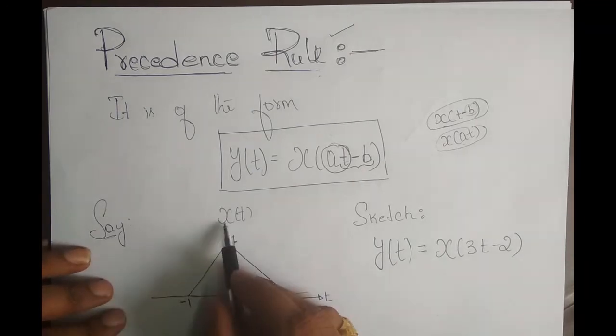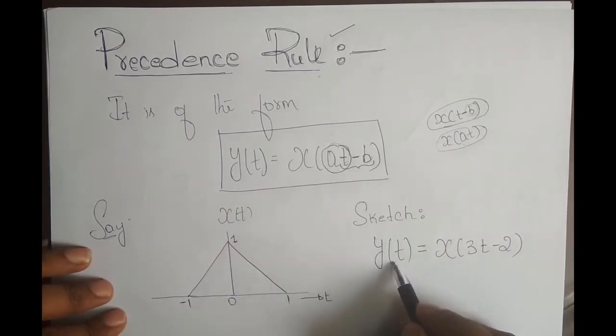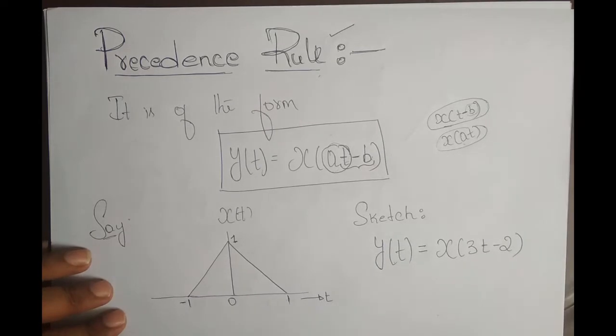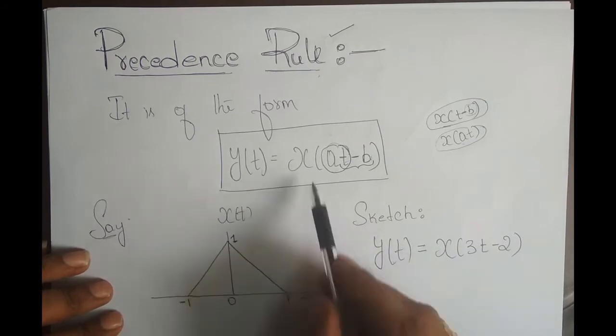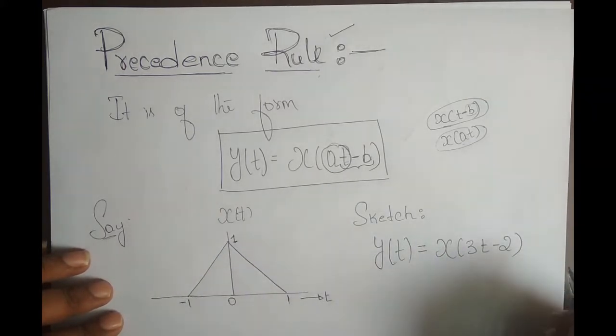Fine, I have a signal x of t and I want to sketch y of t, and y of t is x of 3t minus 2. Now, doesn't this signal involve both time shifting and time scaling operation? Yes, right. This is of the form x of at minus b.